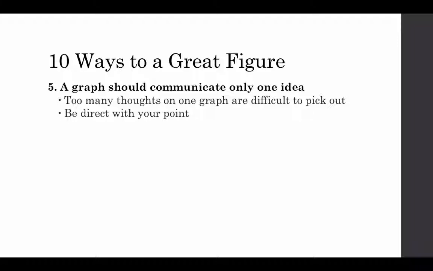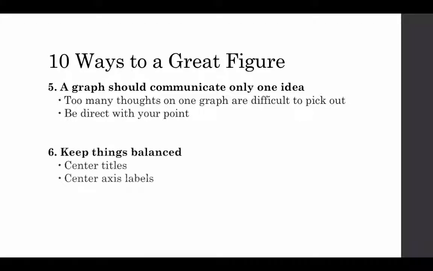Trying to get multiple ideas across oftentimes results in not making any sense because it's hard to get the data sets to work. If the numbers aren't comparable, the scale is going to be off the chart, and you're going to have a hard time showing anything. So be direct, make the point, not points, with the information that's provided on the graph.